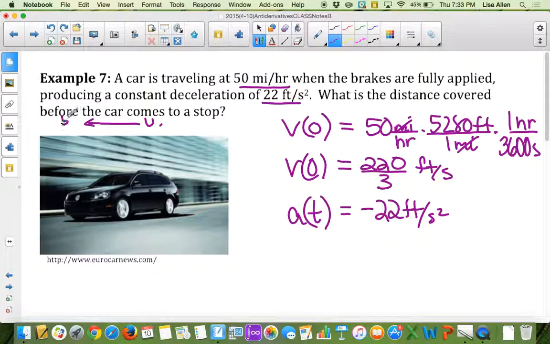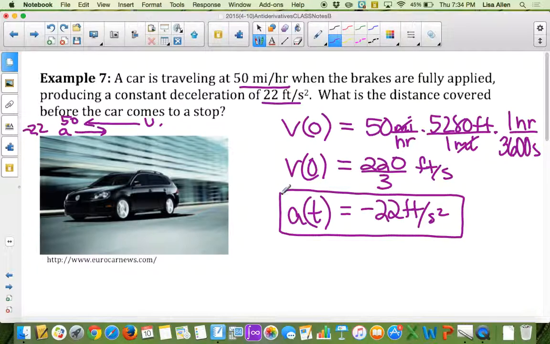But if I'm going 50 and acceleration is slowing me down, it's decelerating, then velocity and acceleration are in two different directions. So acceleration is negative. So we start off with a of t.